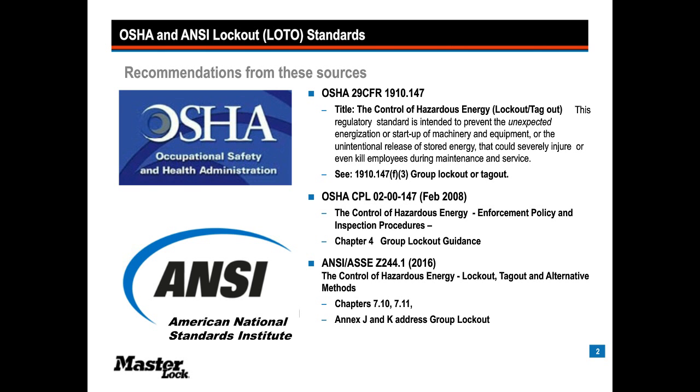We and the ANSI committee looked carefully at the group lockout guidance provided in CPL 147 and thought it was so well done that we actually moved it into the ANSI Z244 standard that we just released in 2016. So verbatim, the group lockout guidance is also found in that document, and it's the foundation of a lot of the methodology we recommend and see practiced out there on a day-to-day basis.